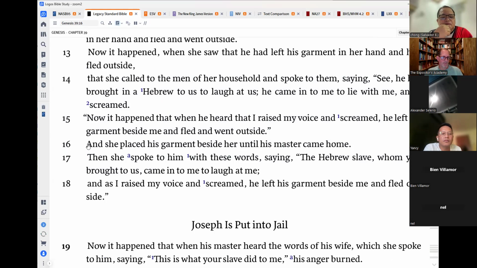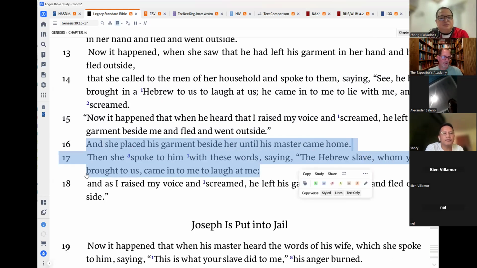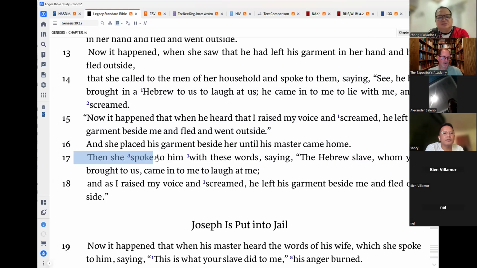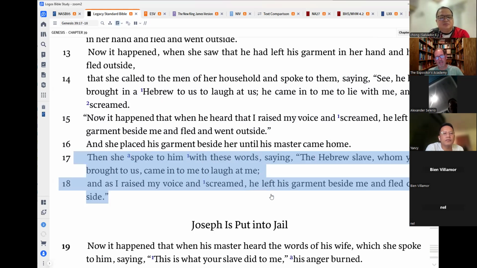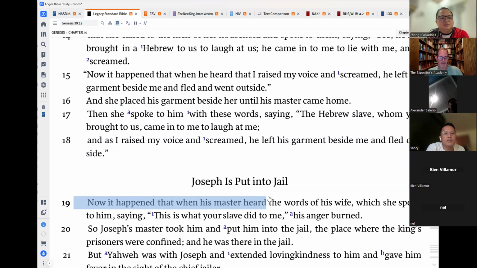So we could either put 16 there, waiting for his master to come home, and then when he's home, she talks to him. Or you could put it at 17, when she actually begins the dialogue. So some time has passed and the master shows up and she tells him what happened. I think verse 19 goes with 17 and 18 because it's just the response of the master.